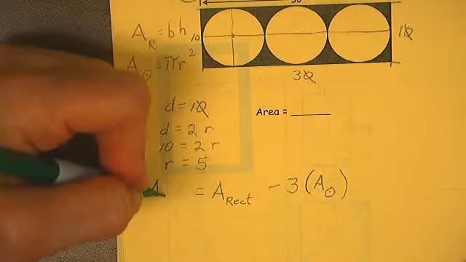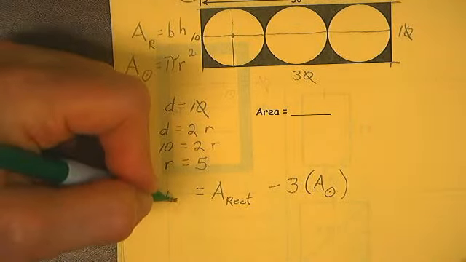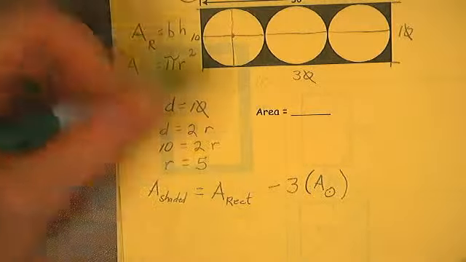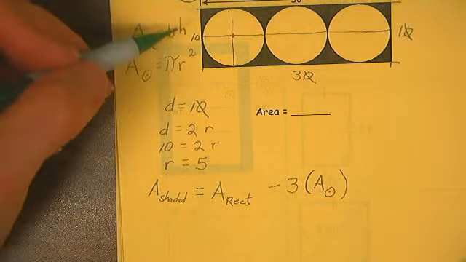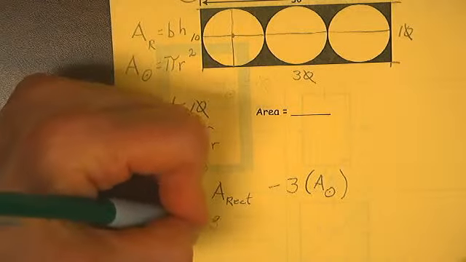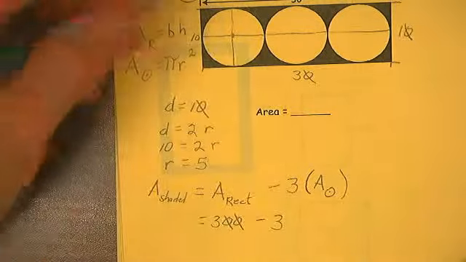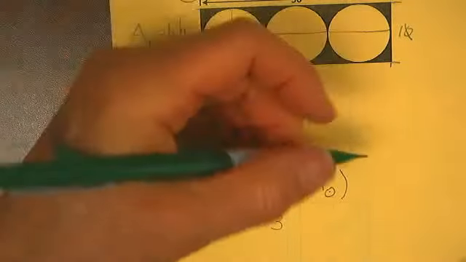The shaded area is the area of the rectangle, 30 times 10, 300, minus 3 times the area of my circle.